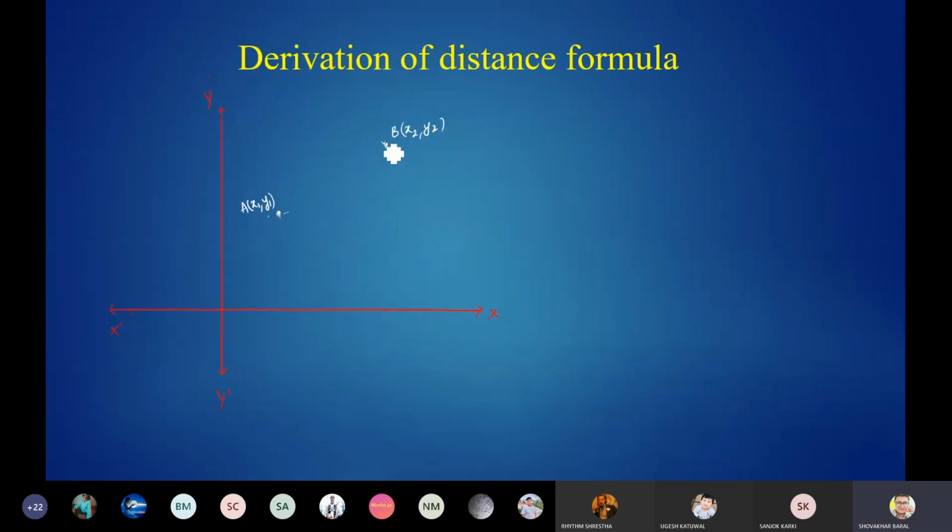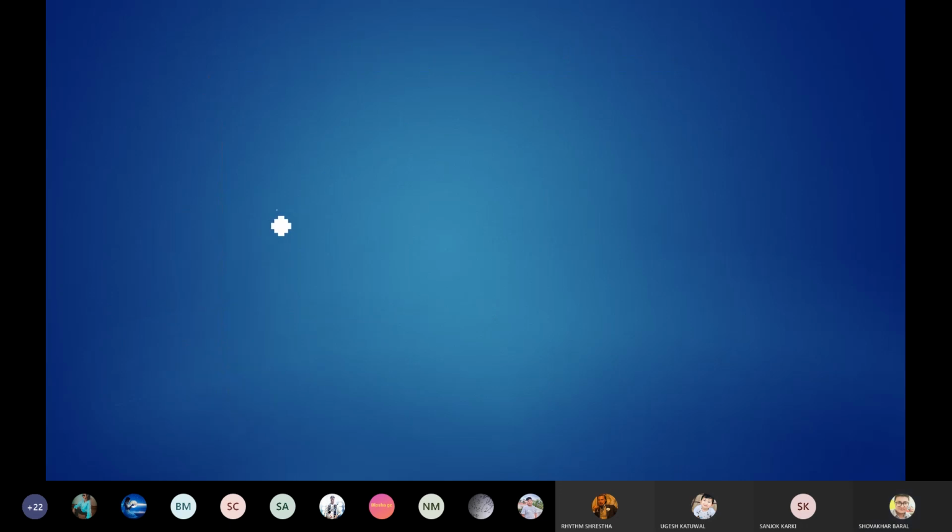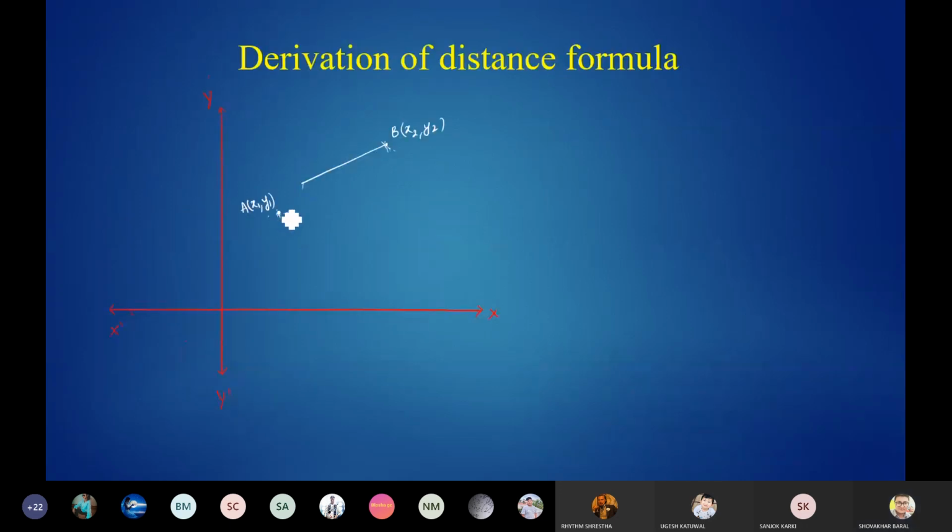Okay, let me try it again. We are going to find the distance between any 2 points A(x1, y1) and B(x2, y2).